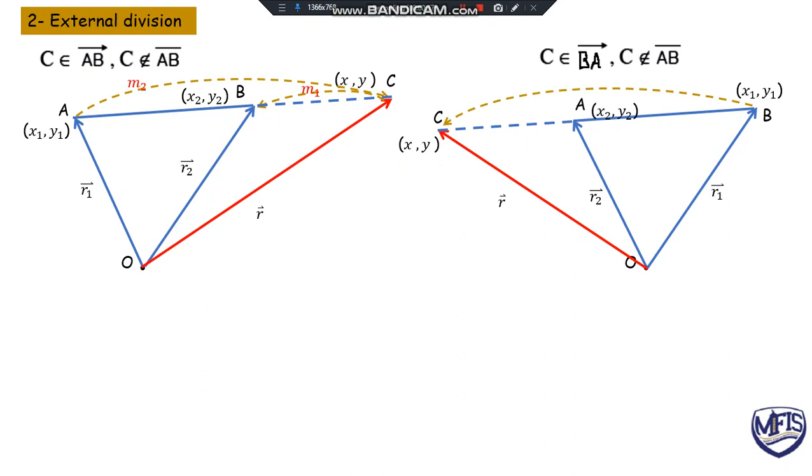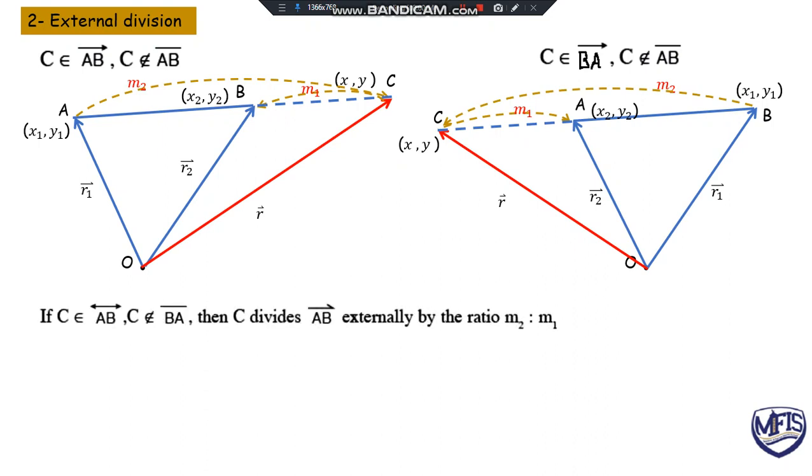So from point B to point C, from the initial to the point of division C, will be the ratio M2, and from the point of division to the terminal will be M1. C belongs to the straight line AB, but C does not belong to the line segment BA.